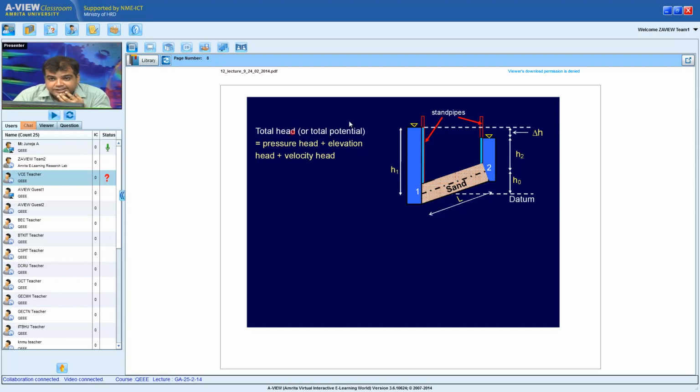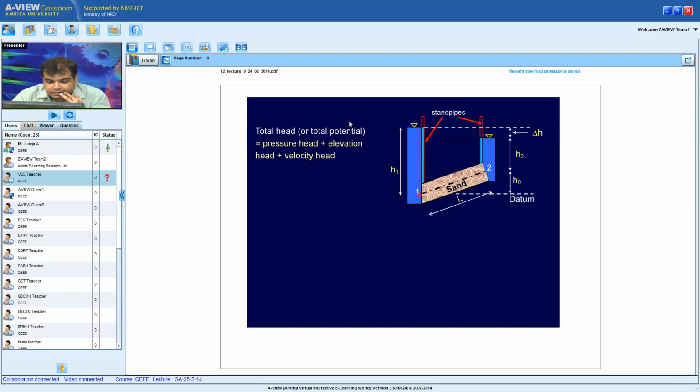By definition, total head is also called total potential. It equals the sum of pressure head plus elevation head plus velocity head. So the total head at level 1 should be the pressure head plus the elevation head plus the velocity head.